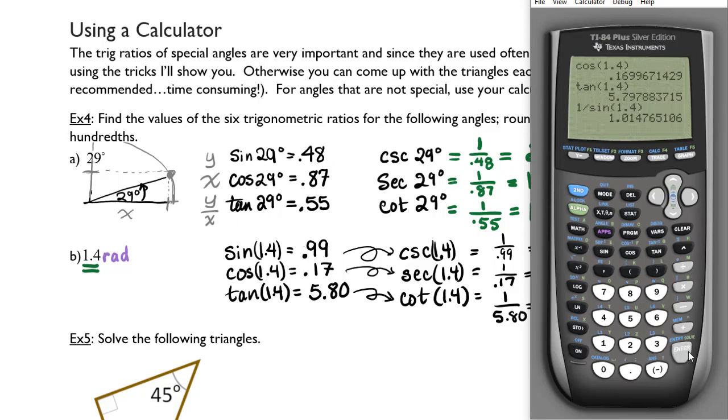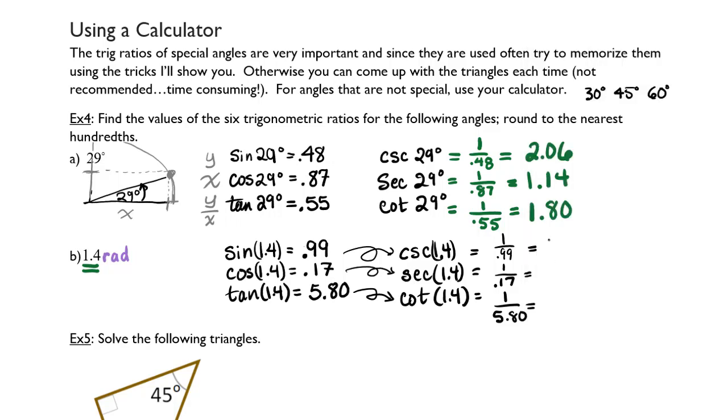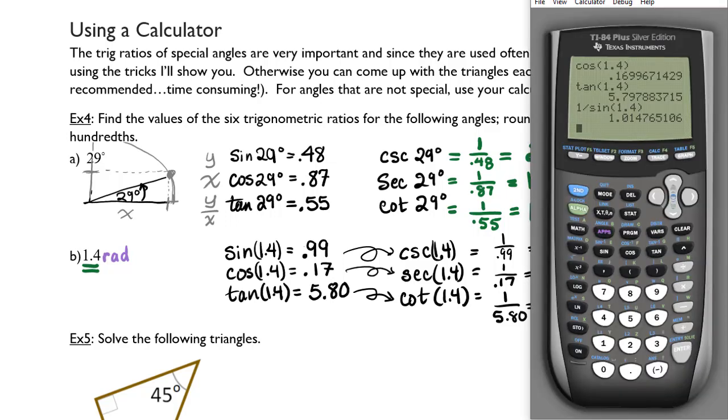The first one is 1.01 for cosecant of 1.4. The next one, I'm just going to go ahead and put 1 divided by cosine of 1.4, which is 5.88.